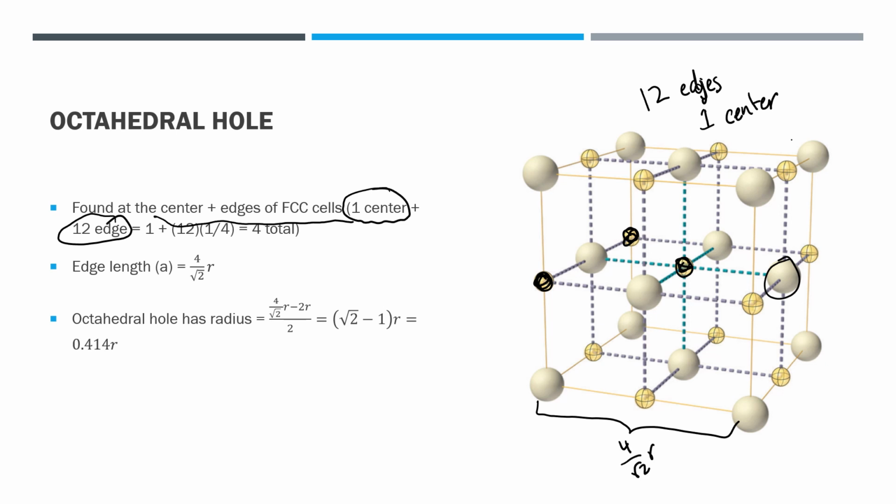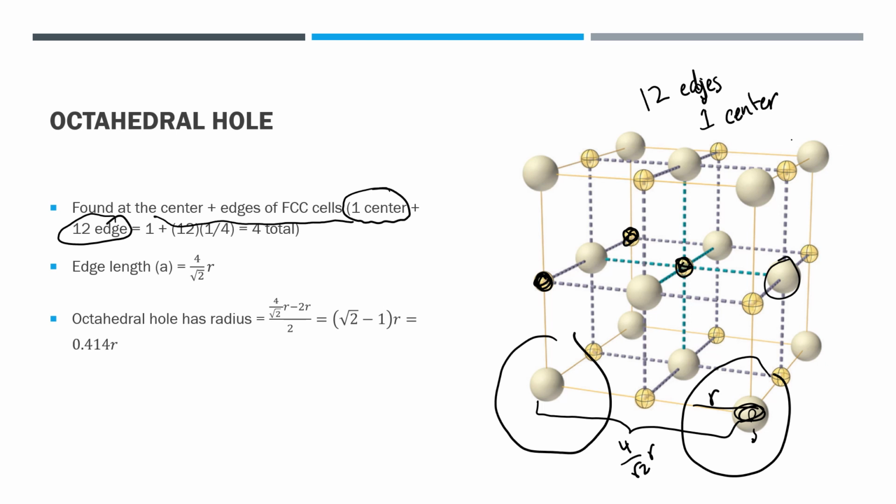And if I look at how the atoms on the edges are going to pack, if I drew this a little bigger, we're going to have 1r here from one corner and another r from the other corner. But the entire unit cell edge is 4 over root 2 r. So we want to figure out how much space is in between, and that's going to give us the diameter of our octahedral hole.